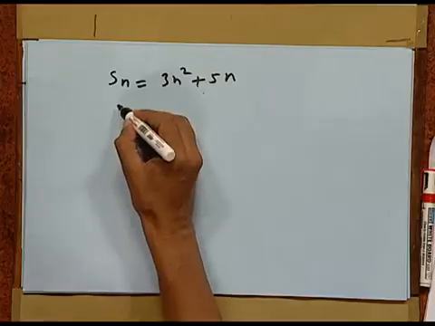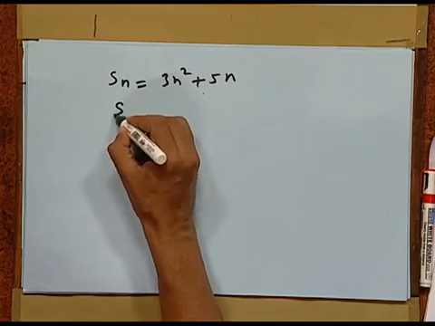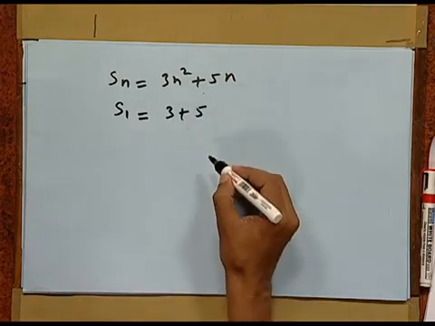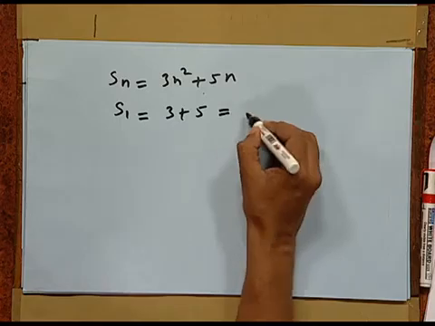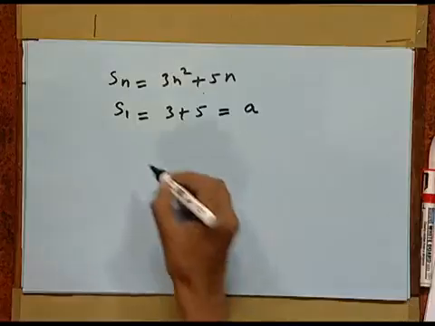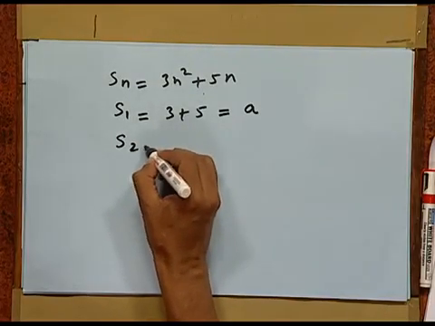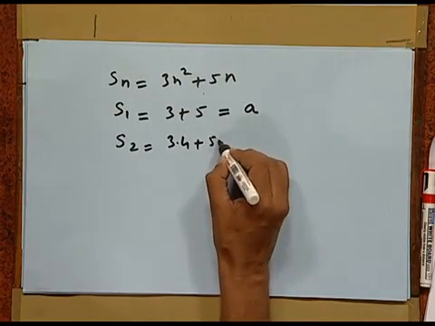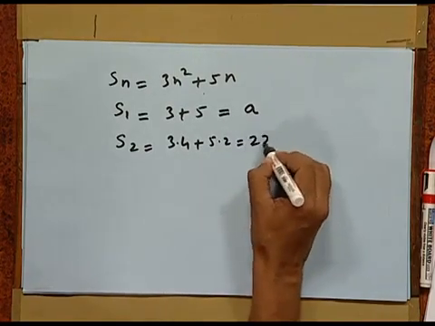Here, if you put n equal to 1, you get S1 is equal to 3 plus 5. It is nothing but the first term, that is a. Now put n equal to 2. You get S2 is equal to 3 times 4 plus 5 times 2, that is 22.